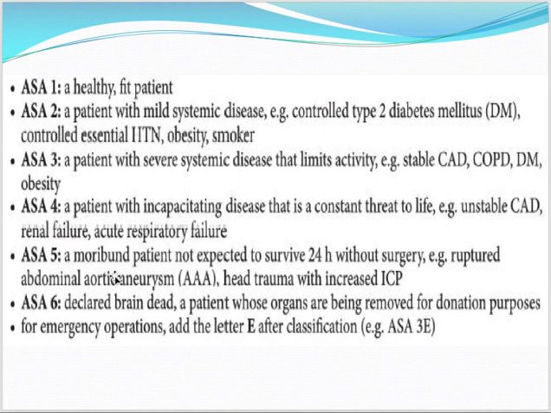ASA 5 is a patient who is not expected to survive 24 hours without surgery, like a patient who has a ruptured abdominal aortic aneurysm. And ASA 6 is a patient who is declared brain dead. These are patients who are there to donate their organs, and once they have donated their organs, they remove the life supporting machine.